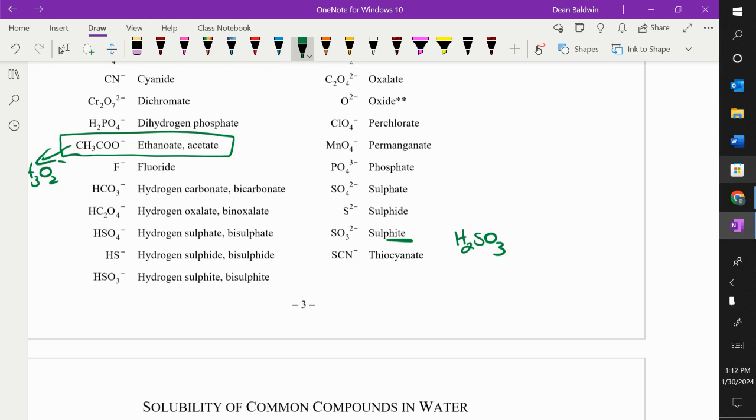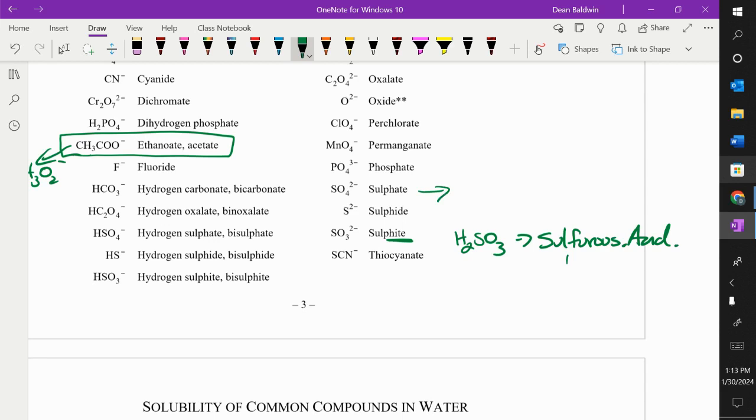You change "ite" to "ous," O-U-S. So this is sulfurous acid.